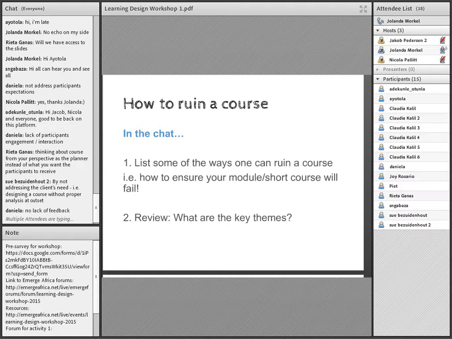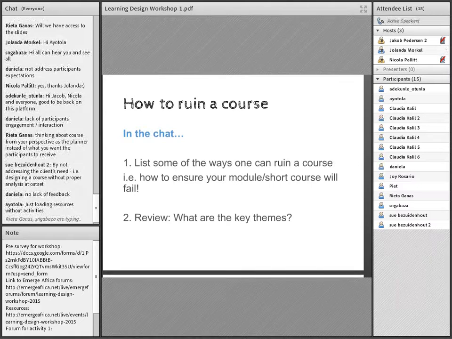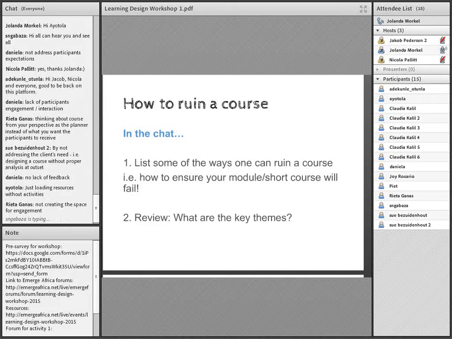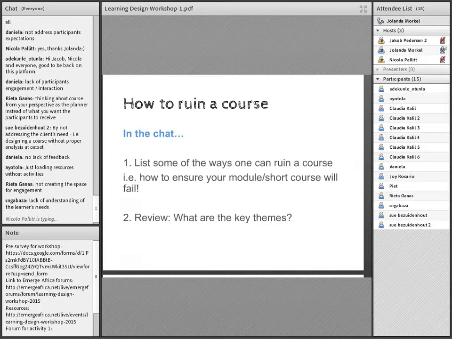If you don't allow feedback, so you're just carrying on regardless. Yes, resources without activities. Not creating space for engagement. What about the learner?